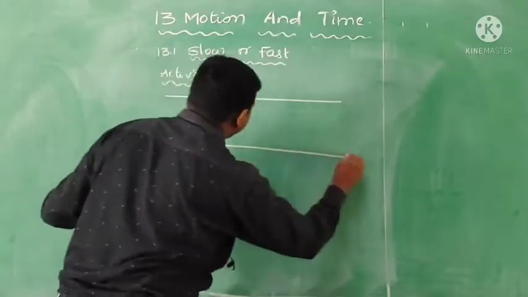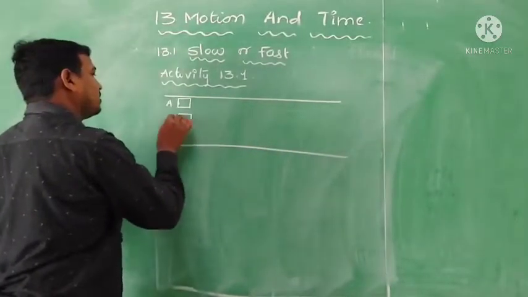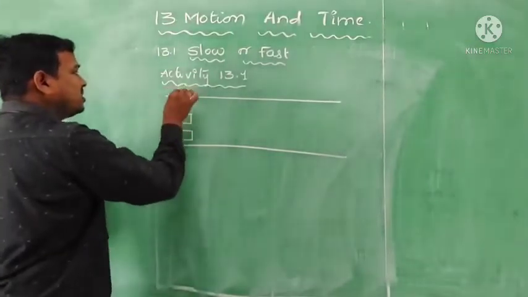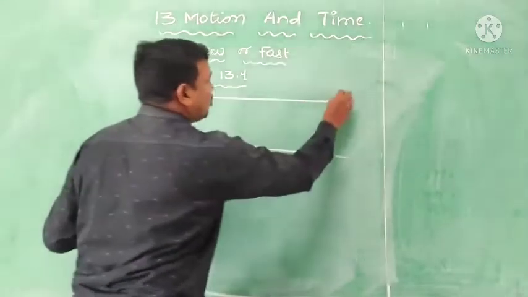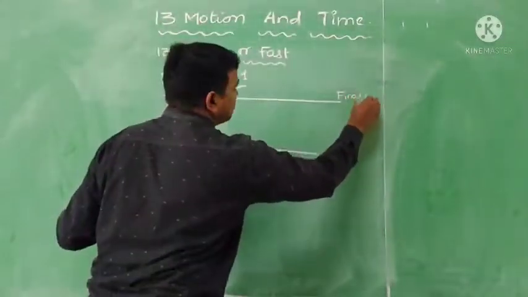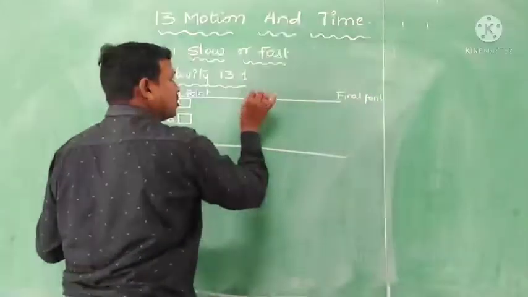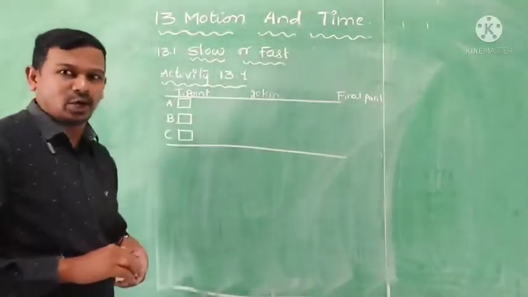Here is the path, with car A, car B, car C. This is the initial point, and this is the final point. Let's take the distance as, for example, 20 kilometers.